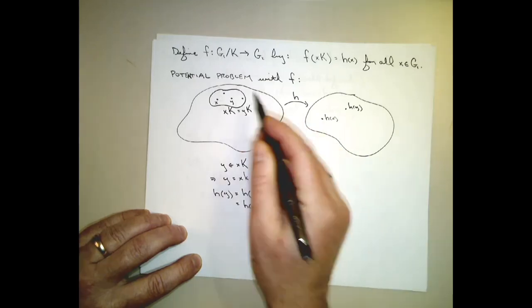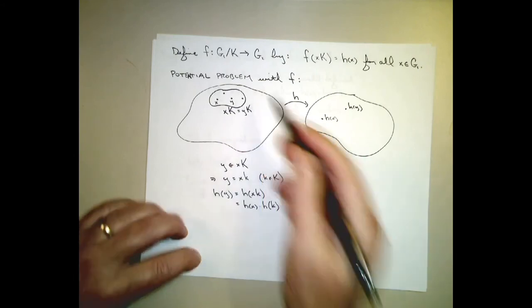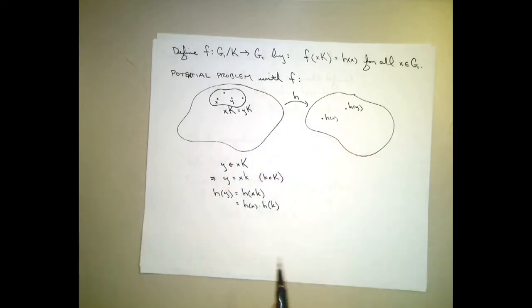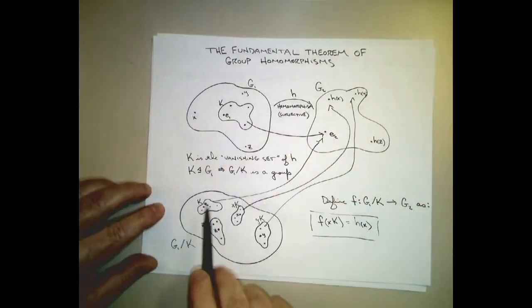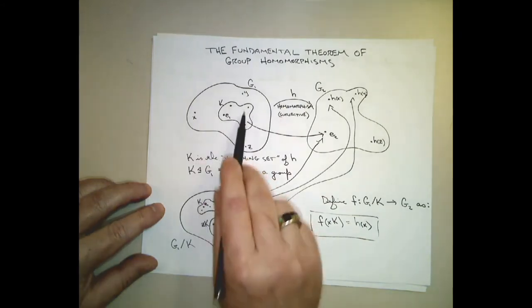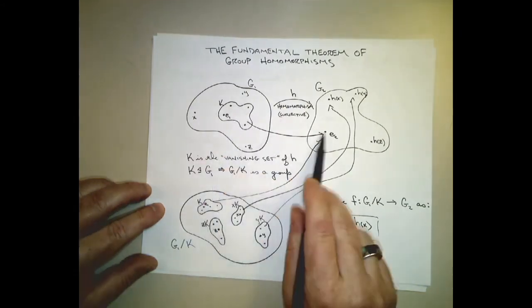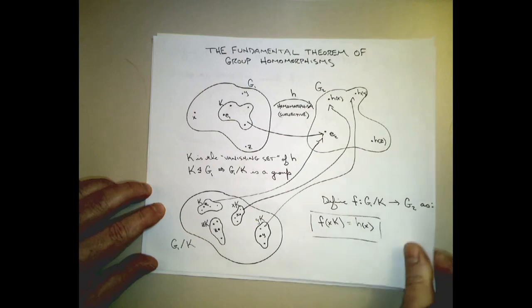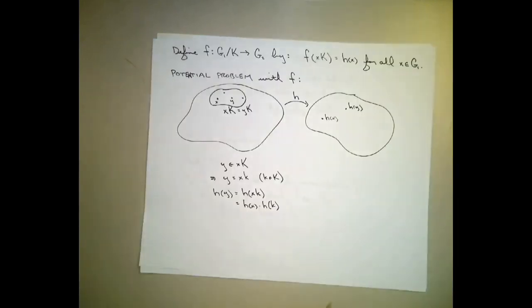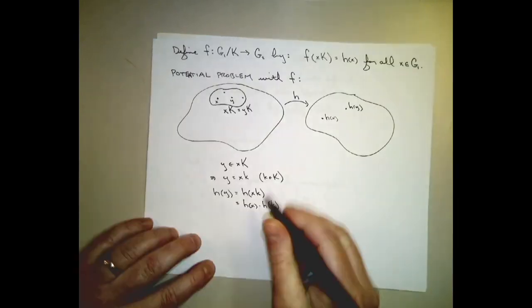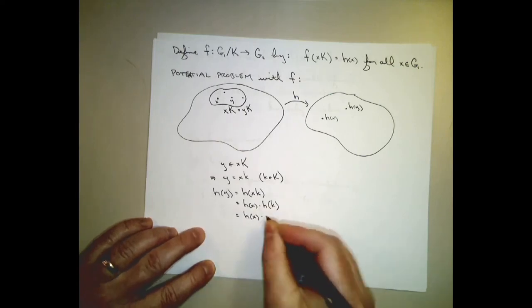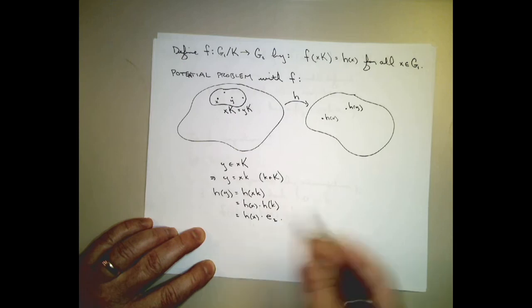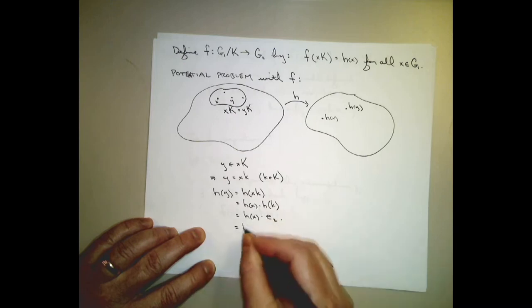But remember what K is. K is the vanishing set of our homomorphism. K was exactly the set that h took to the identity element E2. And so h of k is E2, and what I wind up with is h of x.